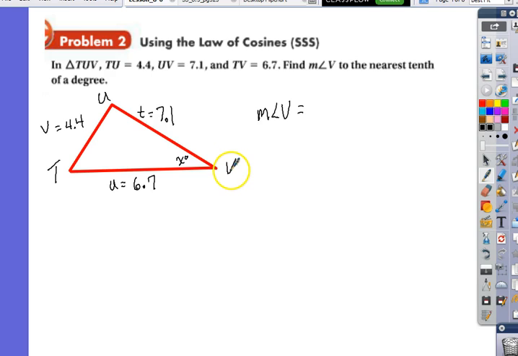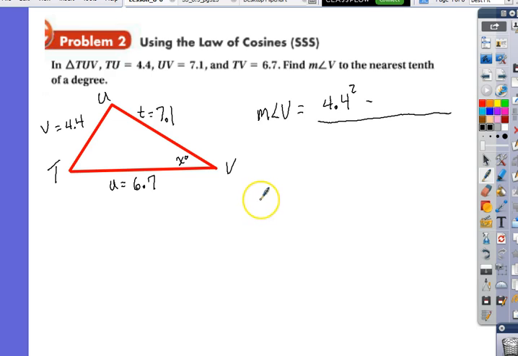If this were angle A, where would little a be? Over here. So 4.4, the side that's opposite the angle you're looking for, is what goes first. And then we're going to subtract off the other two.